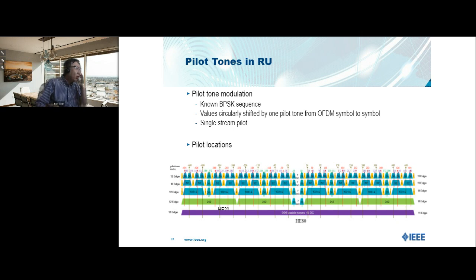But when you go to the larger RU sizes, like RU242, you don't need so many pilots. You don't need two pilots every 26 tones. So some of the pilots are reduced, but overall the pilot position, if present, is always consistent across the different RU sizes.